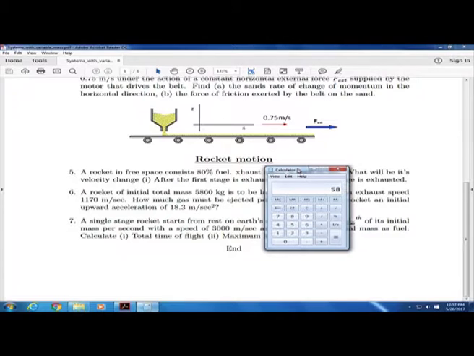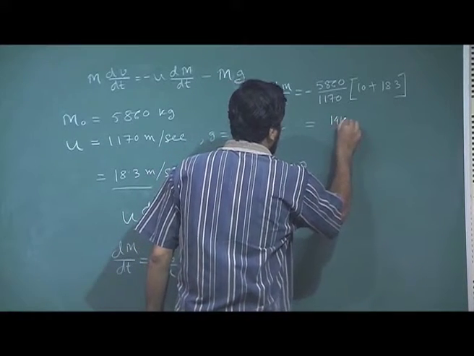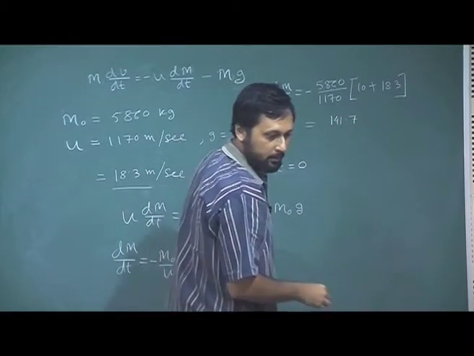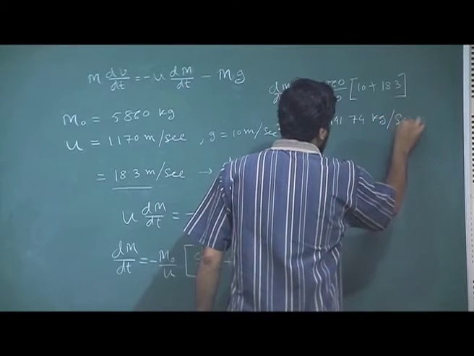It will be 5860 divided by 1170, multiplied by 28.3. So, it is 141.74. Okay. So, our final answer is 141.74 kg per second.